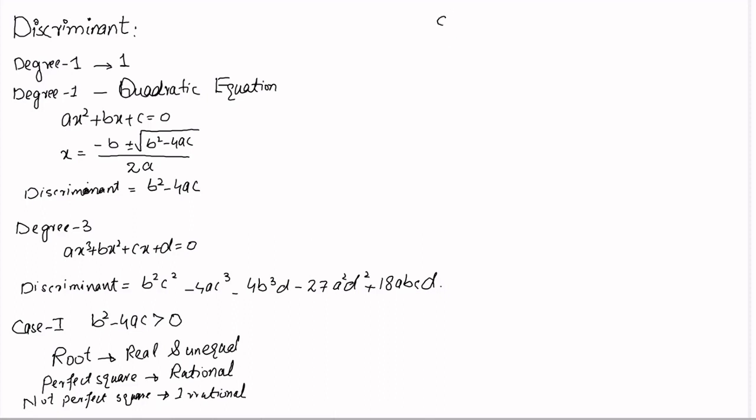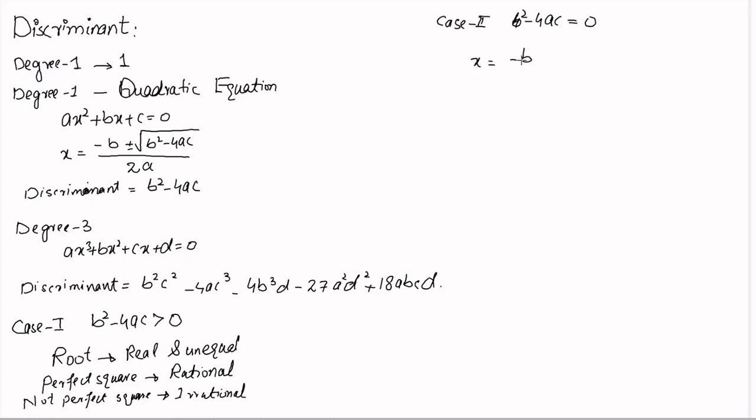Case number 2, the other value that the discriminant can take is b square minus 4ac is equal to 0. If the discriminant is 0, then insert this 0 in the quadratic formula.